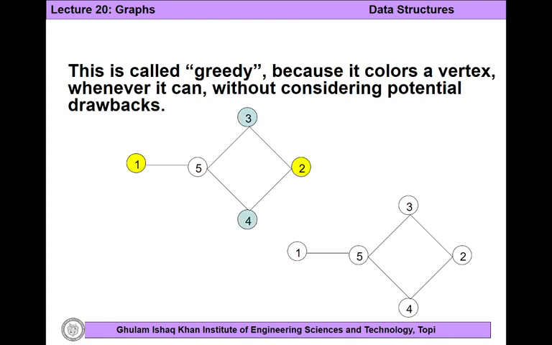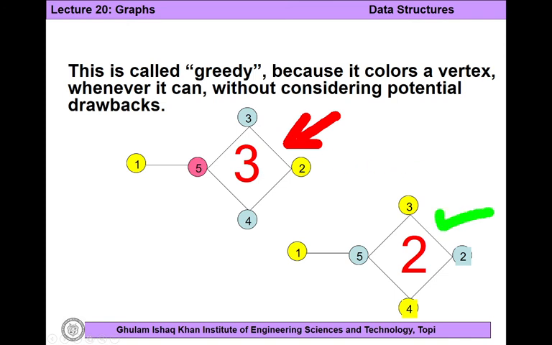For example, using the same approach, this graph has been colored using 3 colors, and if we were to assign the colors in a better way, this graph could have been colored using 2 colors, right? So here we have used 2 colors, and here we have used 3 colors. Using our heuristic, this solution has been obtained. However, the best solution in this case was this one.